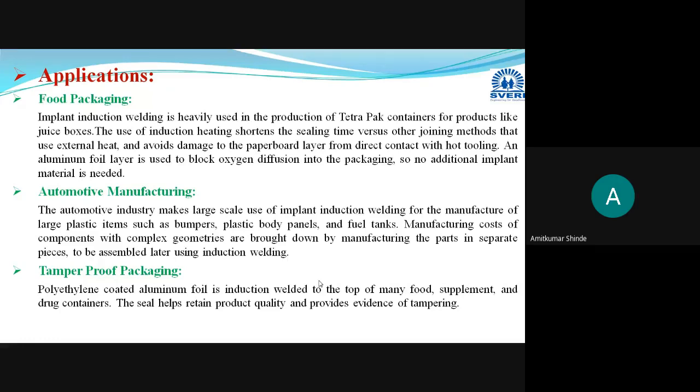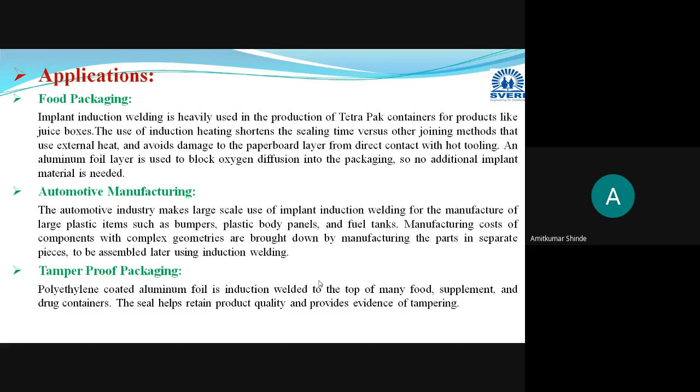Now these are some specific applications. I have highlighted some specific applications here in food packaging. For this, implant induction welding is largely used. I think you have observed the juice pack. Tetra Pak container for juice box. Nowadays some fruit juices are coming in plastic material.